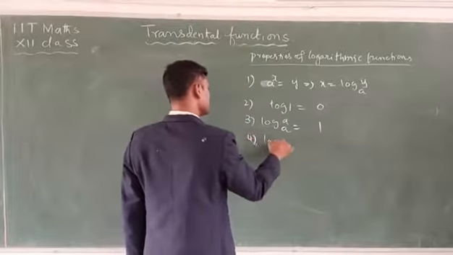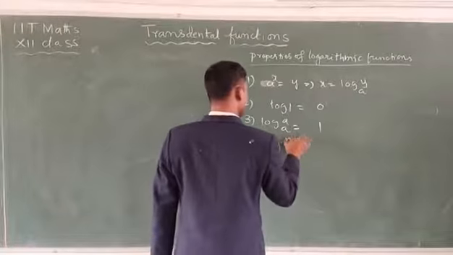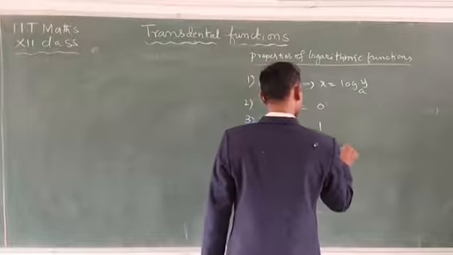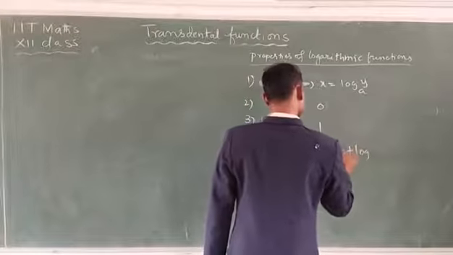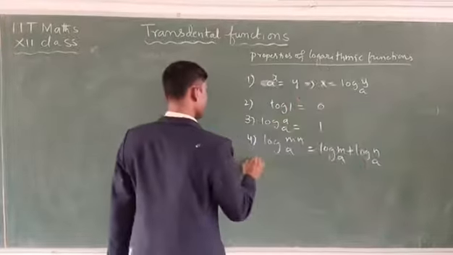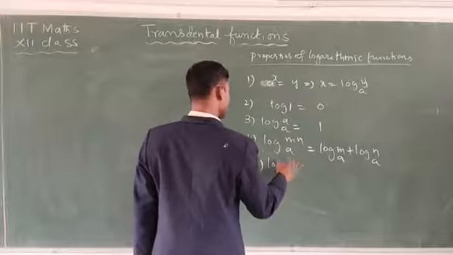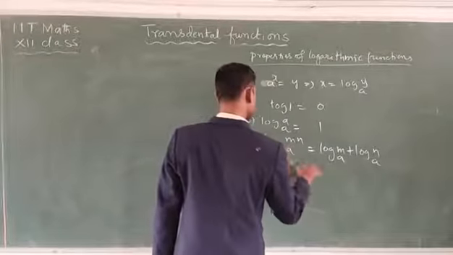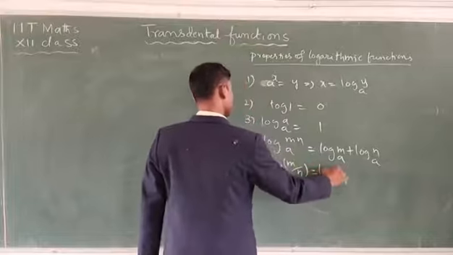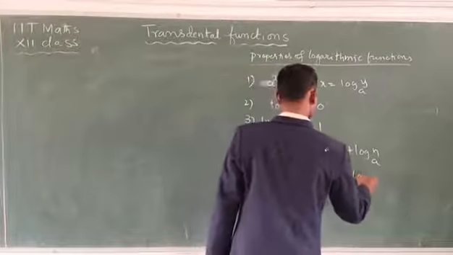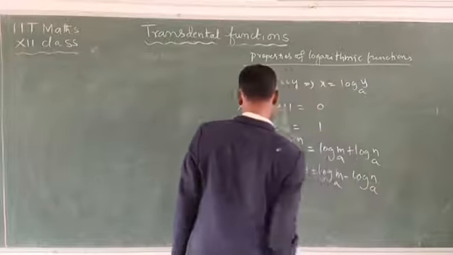Log of mn base a is equal to log m base a plus log n base a. Next, logarithm of m by n base a is equal to log m base a minus log n base a.